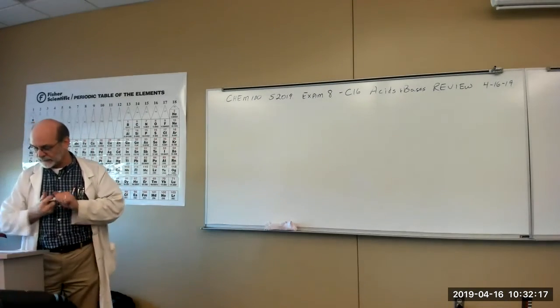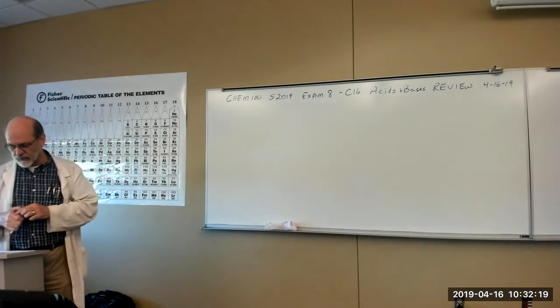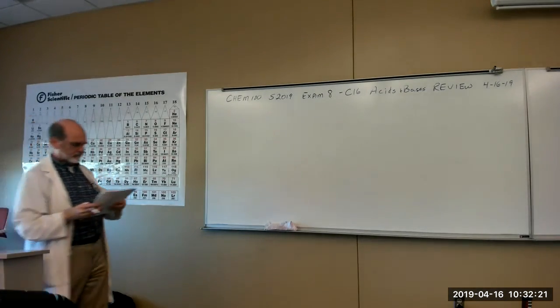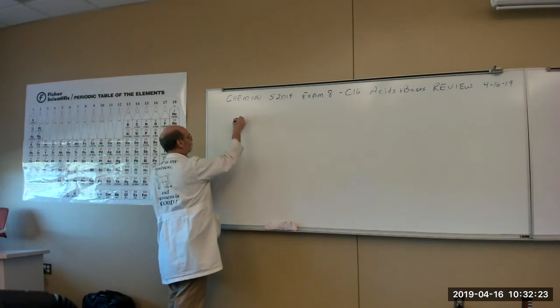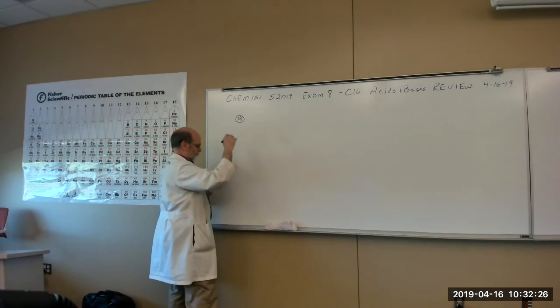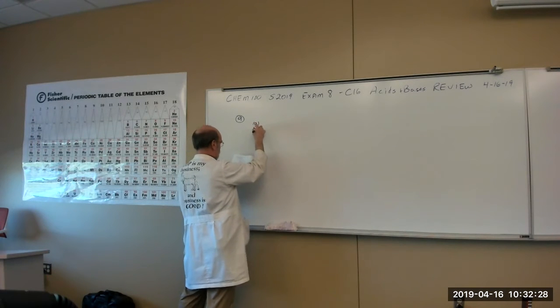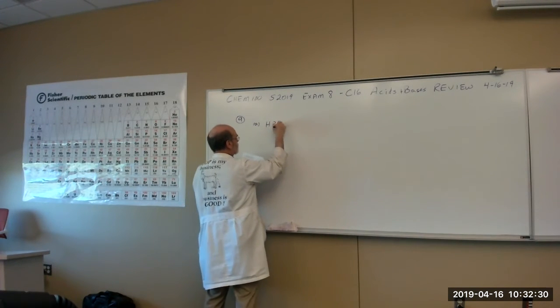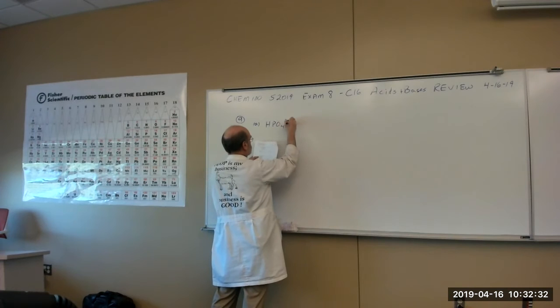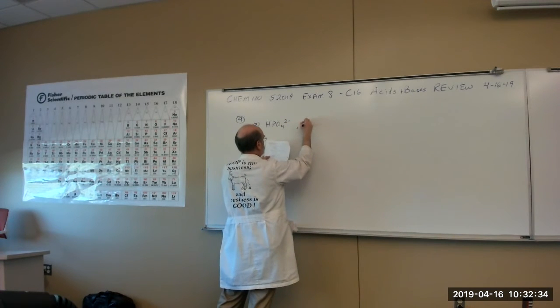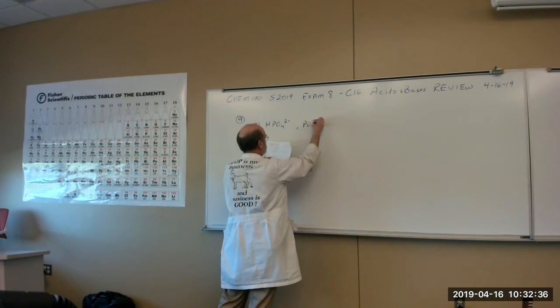Okay, let's go on to 9. Which of the following is a conjugate acid-base pair? How about A, HPO4 2 minus and PO4 3 minus.